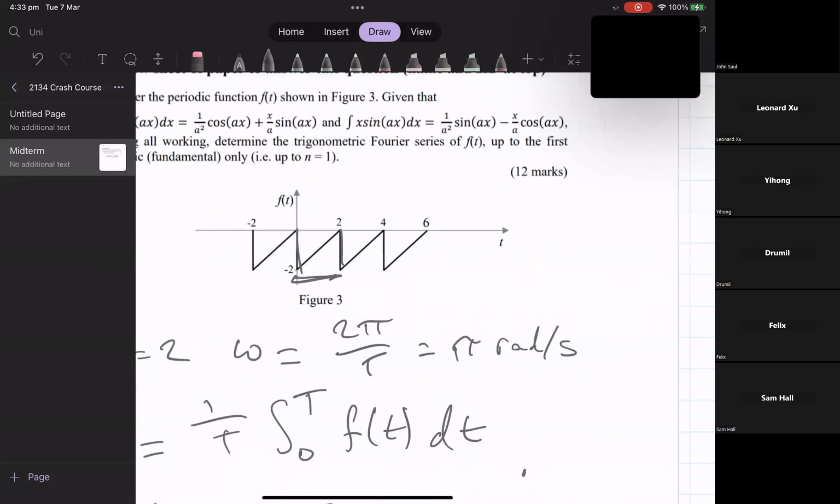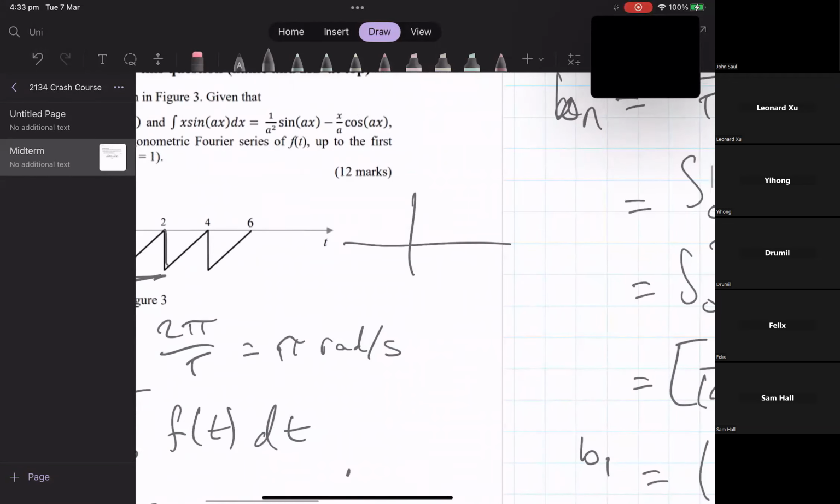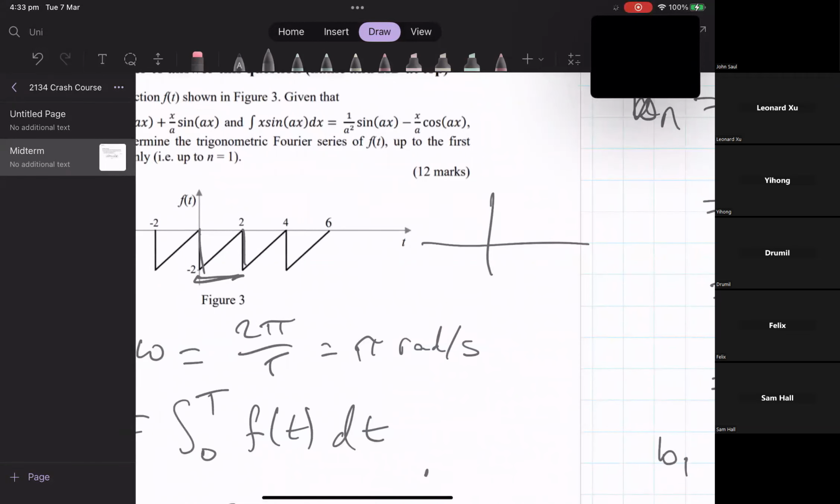Over here, we can see that if we were to mirror this function on the x-axis and then negate this, we get this signal, which is the same as our original signal.